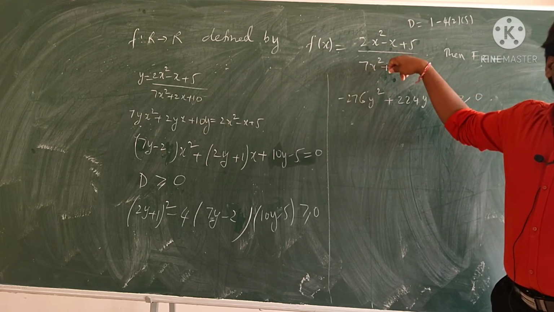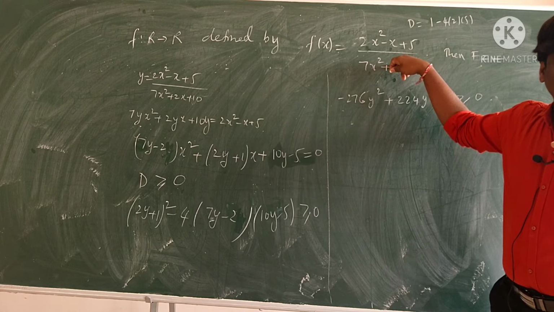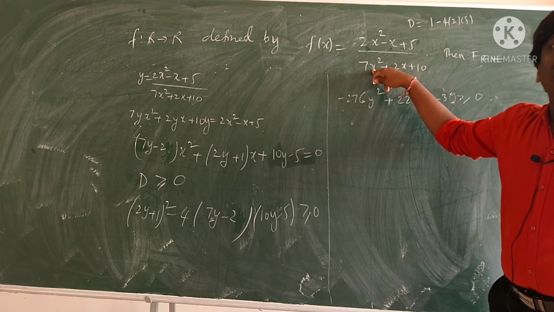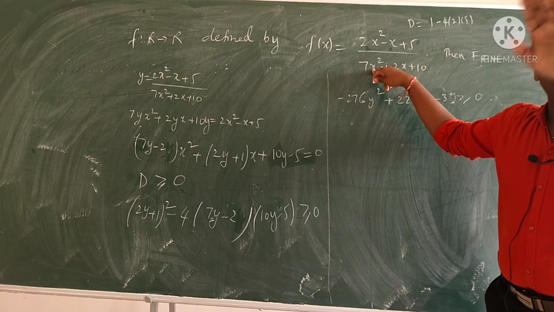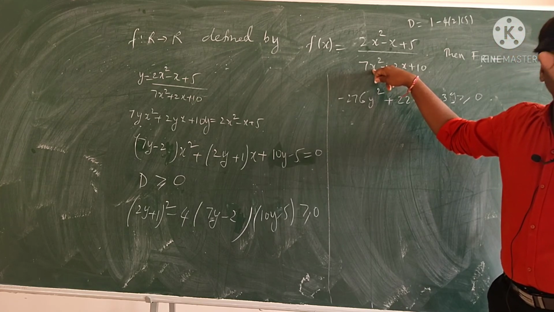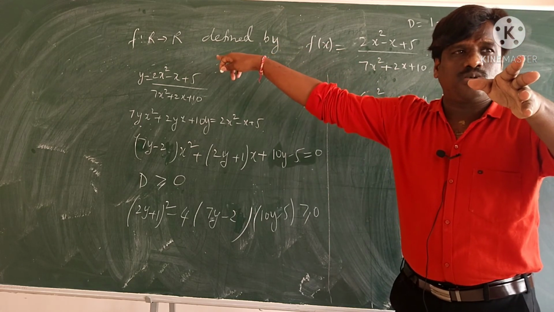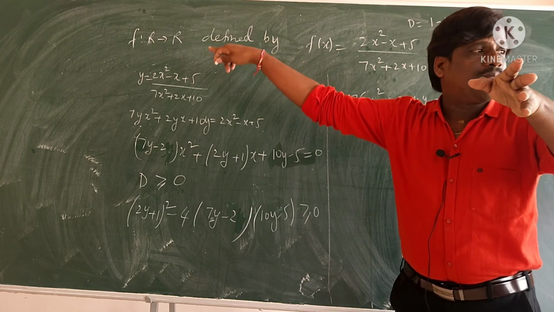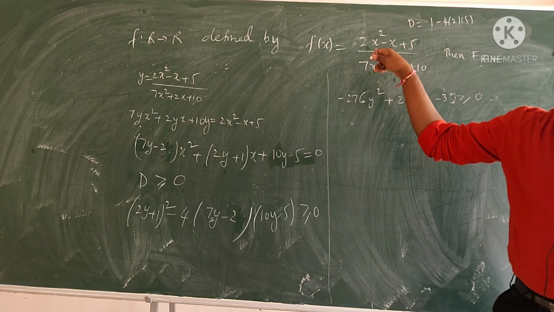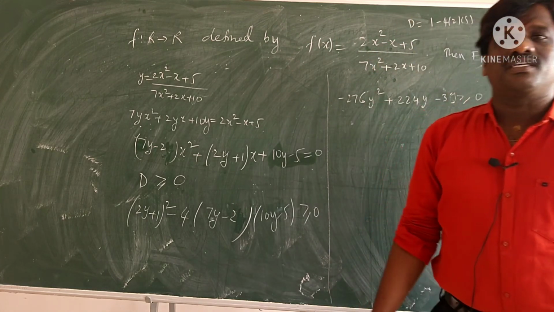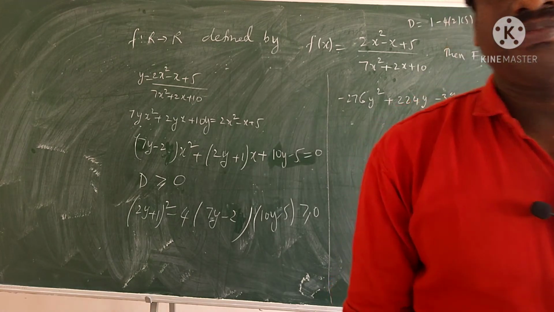Positive by positive, what answer will you get? Positive. So the range should be positive, that is 0 to infinity, 0 open. So the codomain is real, but the range is positive. So we can say it is not an onto function, it is an into function.